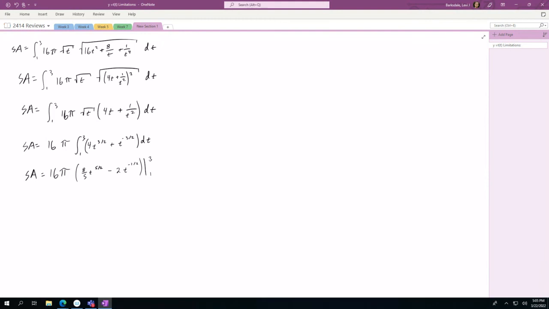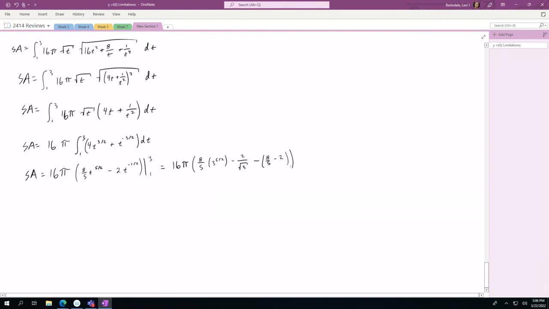And I can go ahead and plug in these values. I get 16 pi times 8/5 times 3 to the 5/2 minus 2 over the square root of 3, minus, and then I have 8/5 minus 2.